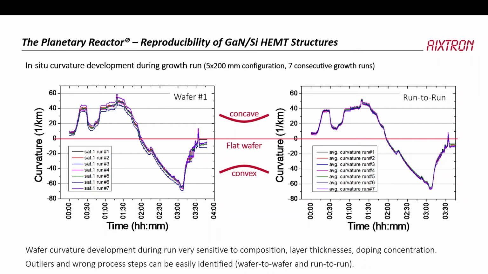In the end, what must happen is that this must not exceed a certain value, because otherwise you introduce these slip lines. And at the same time, you want to be more or less at 0 at the end of the run, because otherwise your wafer will not be able to be processed. If it's too warped, you will not get good lithography.